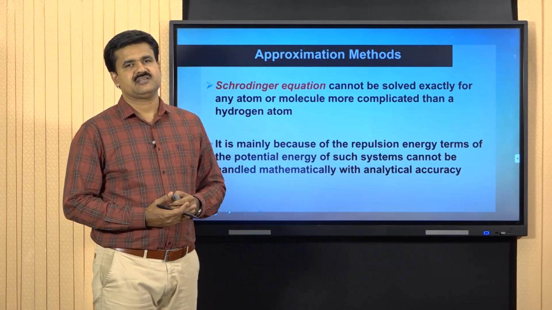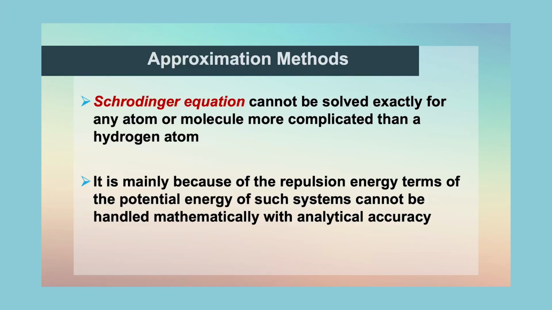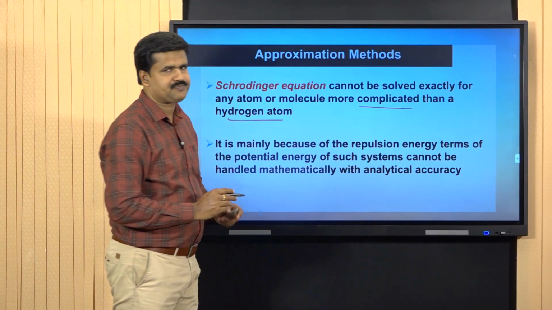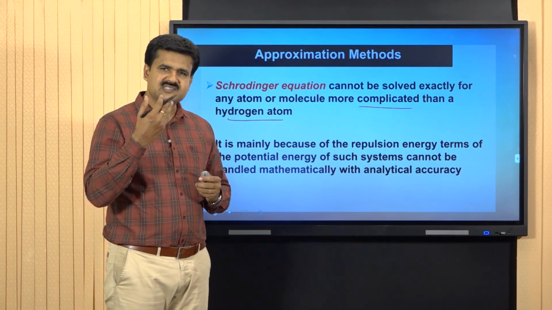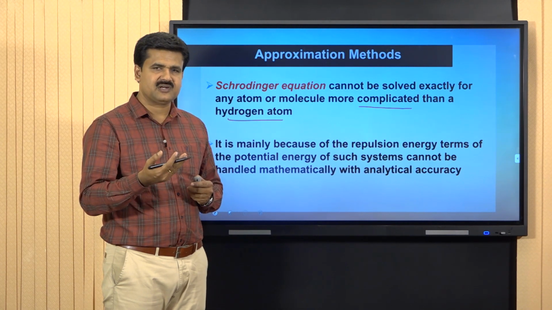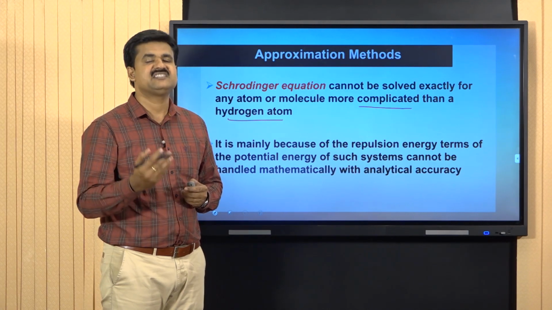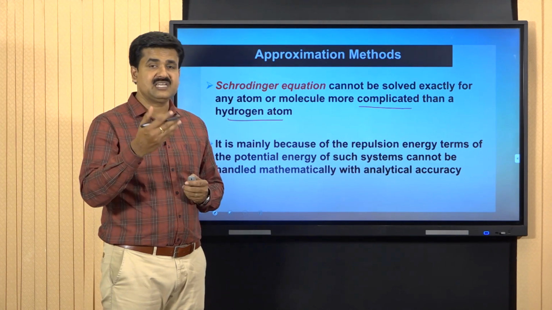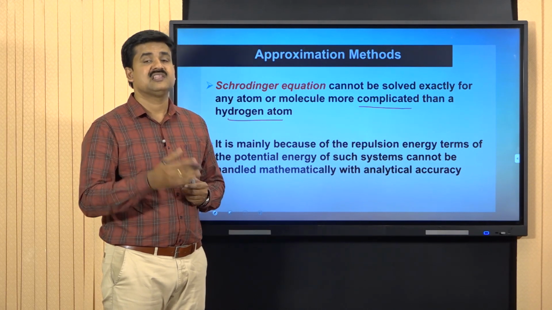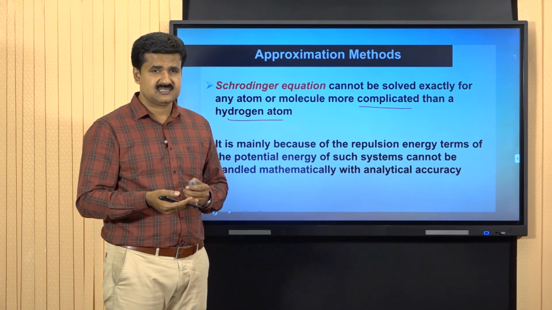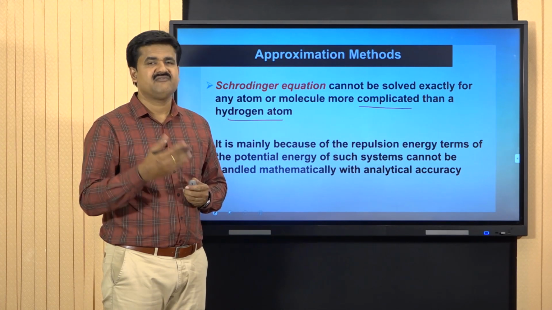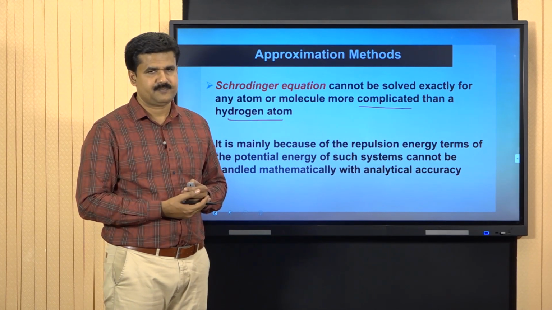The Schrödinger wave equation cannot be solved exactly for any atom or molecule more complicated than the hydrogen atom. This means we can solve the Schrödinger wave equation for the hydrogen atom, but it is difficult for the helium atom, which is a 2-electron system. With an increased number of electrons, the complexity increases and getting a solution becomes more difficult.